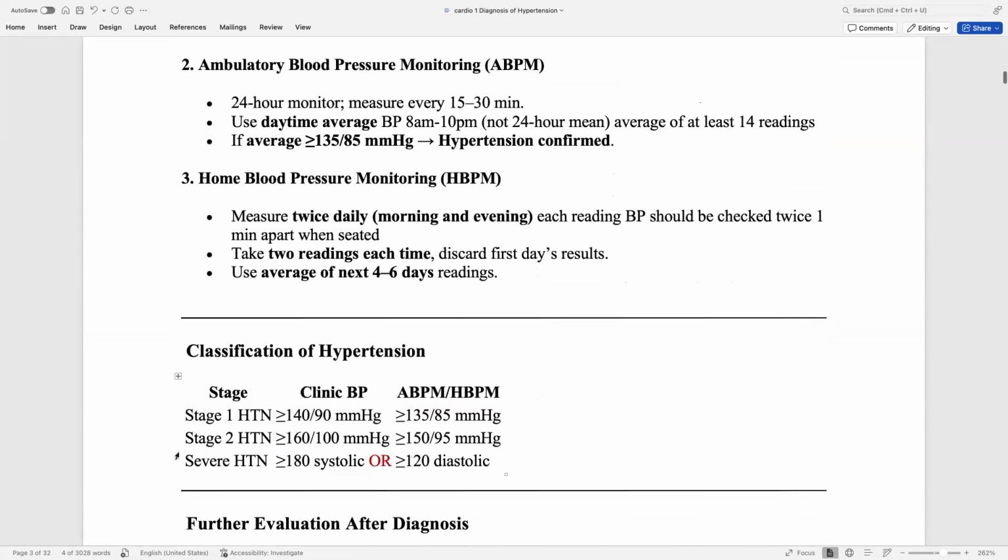This is a severe hypertension, a number without any other damage. You will say this is severe hypertension.